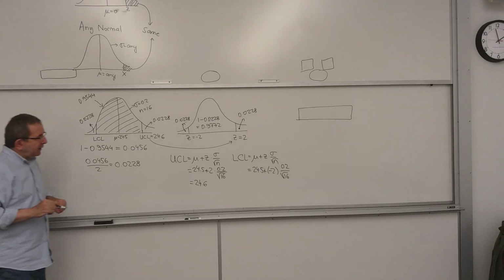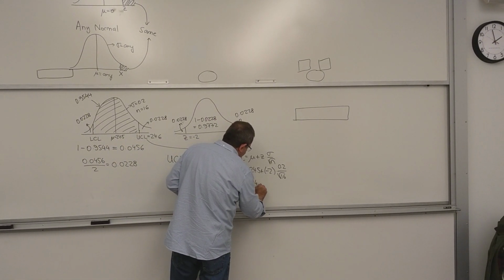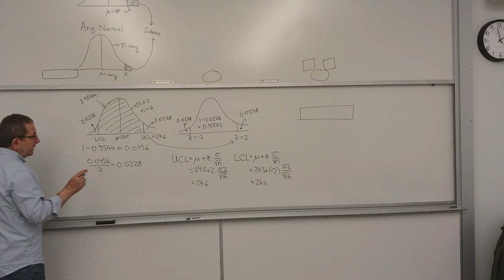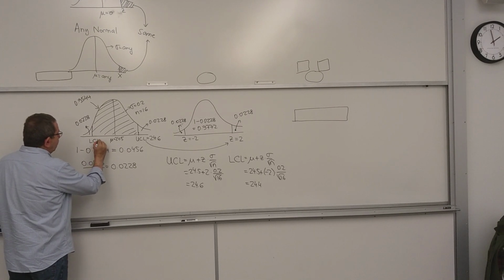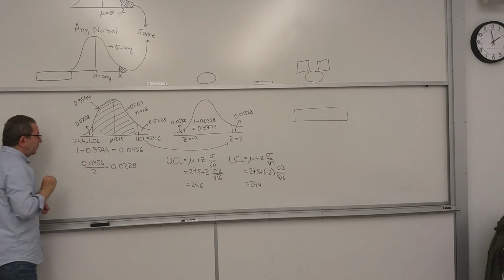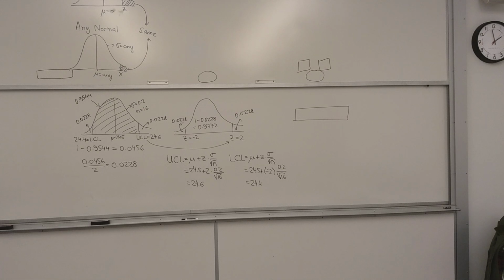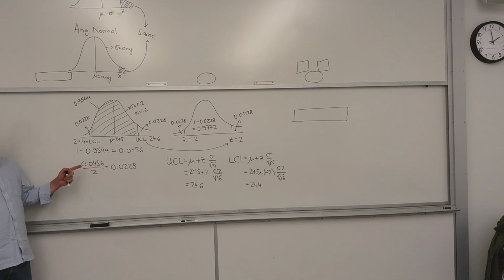And then when you work this out, it comes out to be 24.4. Okay. So the lower control limit will be 24.4. Is this clear to everybody? Okay.